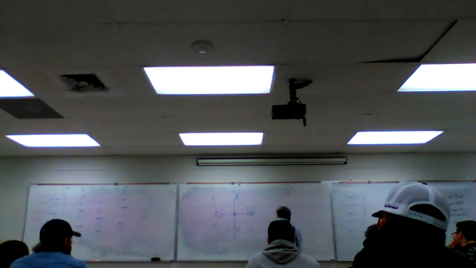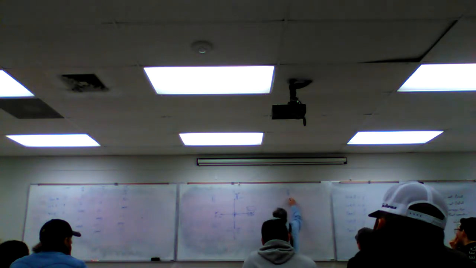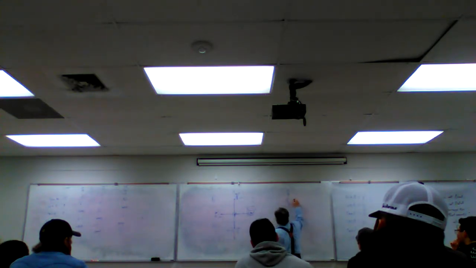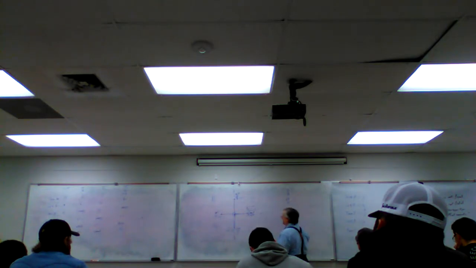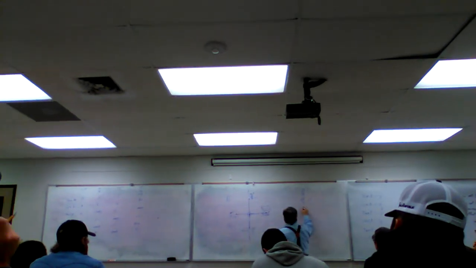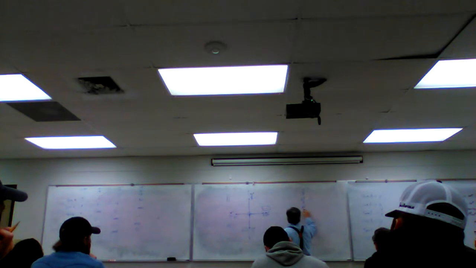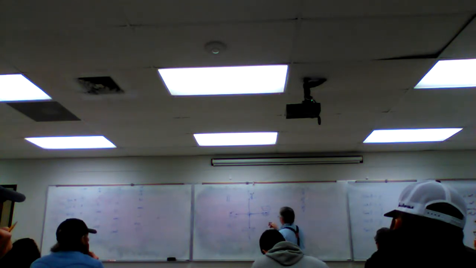The next integer is 2 pi over 2, which is just pi. The next one is 3 pi over 2, which we've looked at. 4 pi over 2 is just 2 pi.